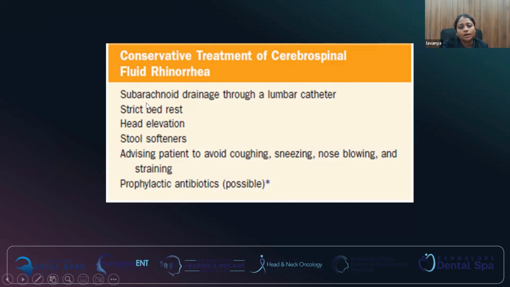The patient has to be advised bed rest, head elevation, and stool softeners to decrease the pressure, and should be advised to avoid coughing, sneezing, nose blowing, or straining. Prophylactic antibiotics are a possibility, though a Cochrane review says there is no indication for prophylactic antibiotics. They have no role in preventing meningitis.